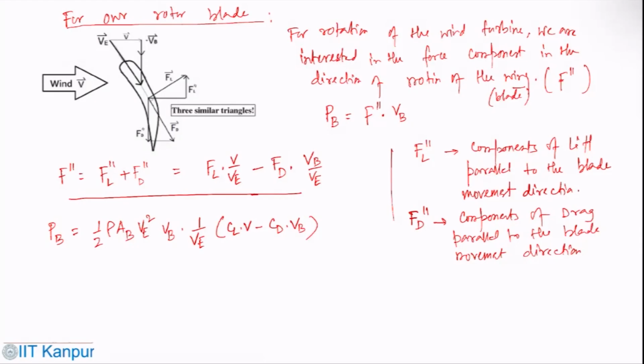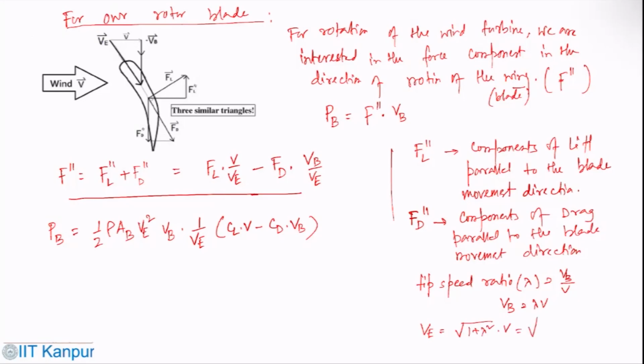Now let's say we use tip speed ratio, which is lambda, that is V_B by V. So that means we have V_B equals lambda V. So what we have V_E equals 1 plus lambda into V_B.